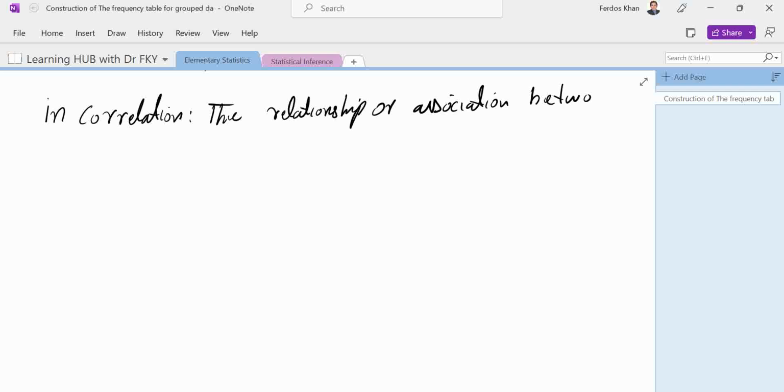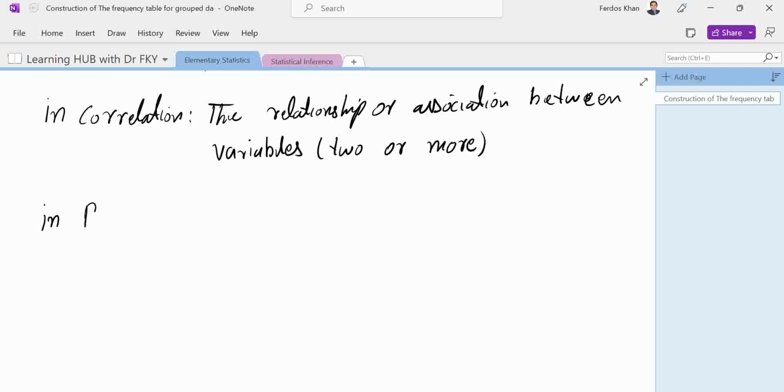I will not say between two variables; I will just write between variables, maybe two or more. So this means that we cannot say that there is a dependent variable and an independent variable. I'll explain this in the next point.